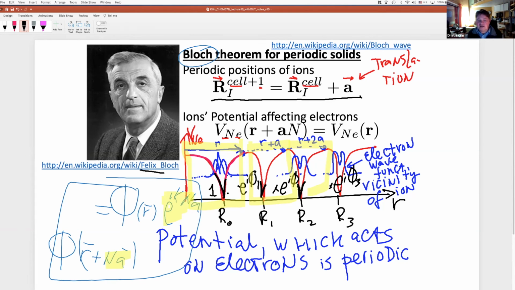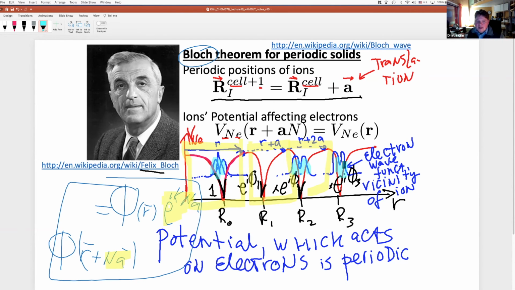But the question is the blue line, highlighted with a different color, which is the electronic wave function.